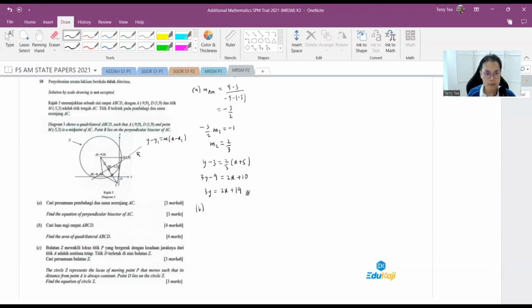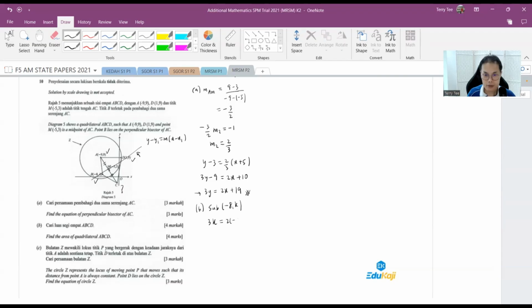Part B, I want to find area of quadrilateral ABCD. Okay, I know point A, I know point B, I know point D, I need to find point C. But in fact, point B, I am still short of the value of K. I need to find the value of K. Now, since this perpendicular bisector passes through B, we can sub in -8 and K to find the value of K. So my Y is now K, sub inside here.